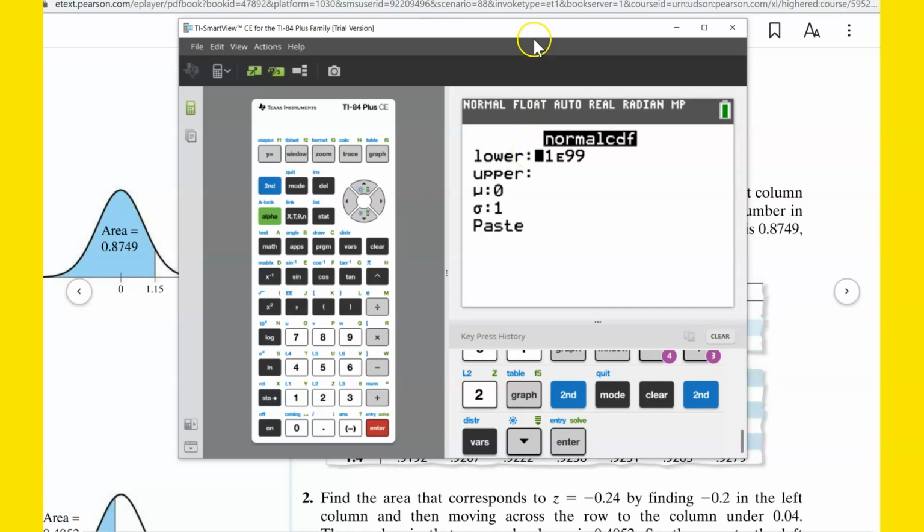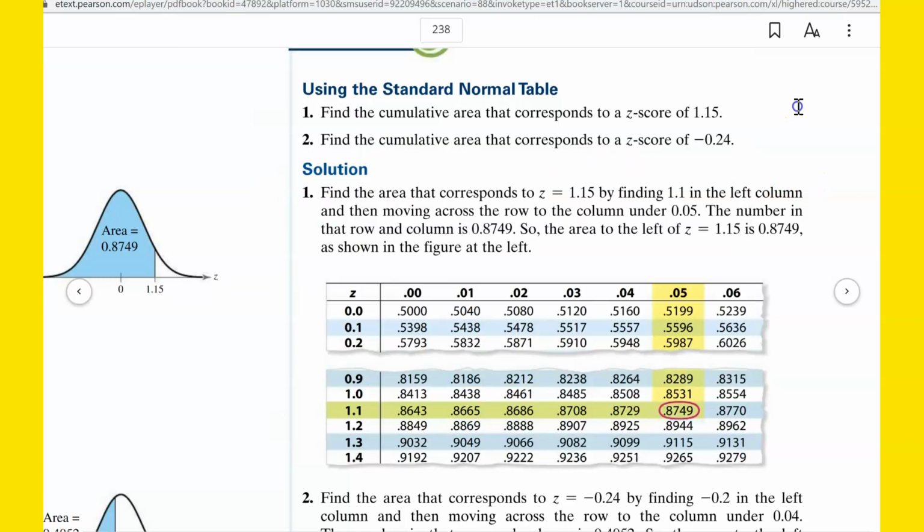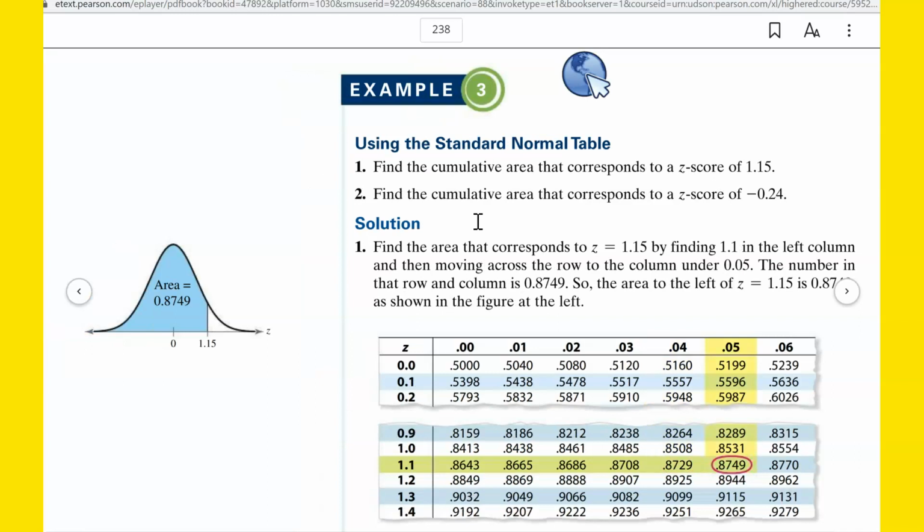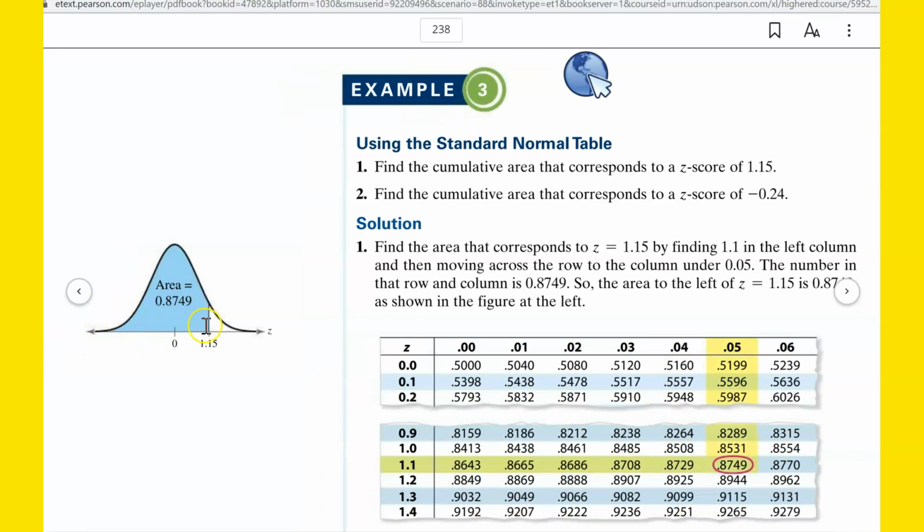If we wanted to do it for a z-score of 1.15, our lower bound would be negative infinity. All right, let me show you what I mean by that. Look at this picture. If you're looking for the cumulative area up to 1.15, then your left endpoint would be all the way at negative infinity. And then your right endpoint would be 1.15.